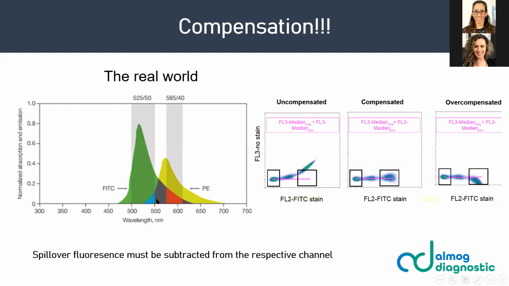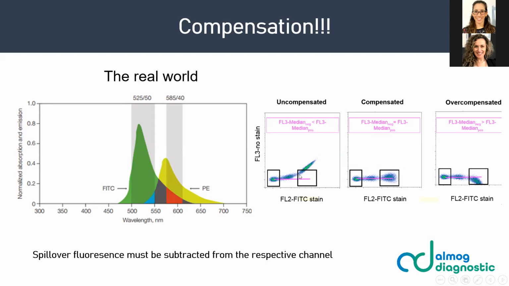We recommend to perform automatic compensation. All the machines today have this option, all the software today have this option of performing automated compensation. So when we are looking at uncompensated data, let's say for FITC single stain, we can see that in addition to a signal in the FITC channel, we also see some portion of the signal in the PE channel, and this needs to be fixed by compensation.